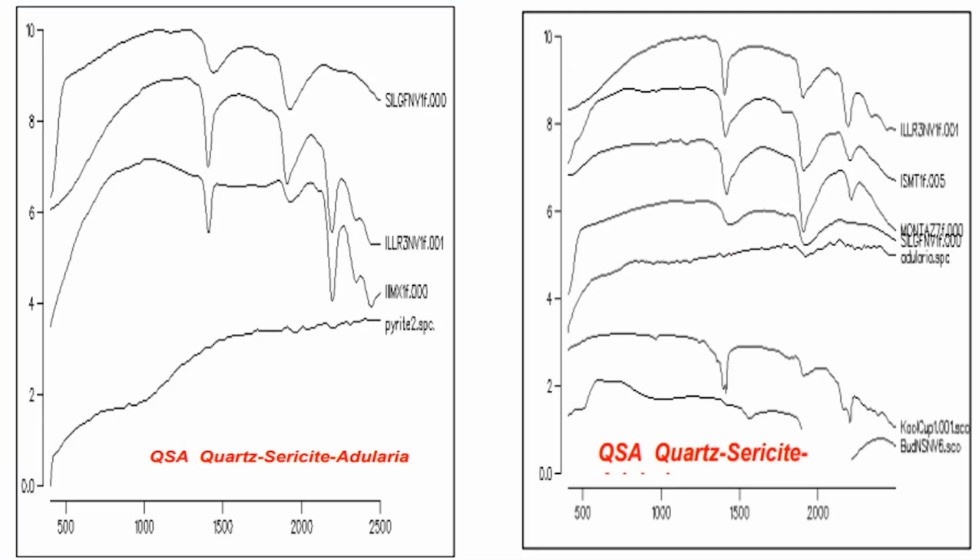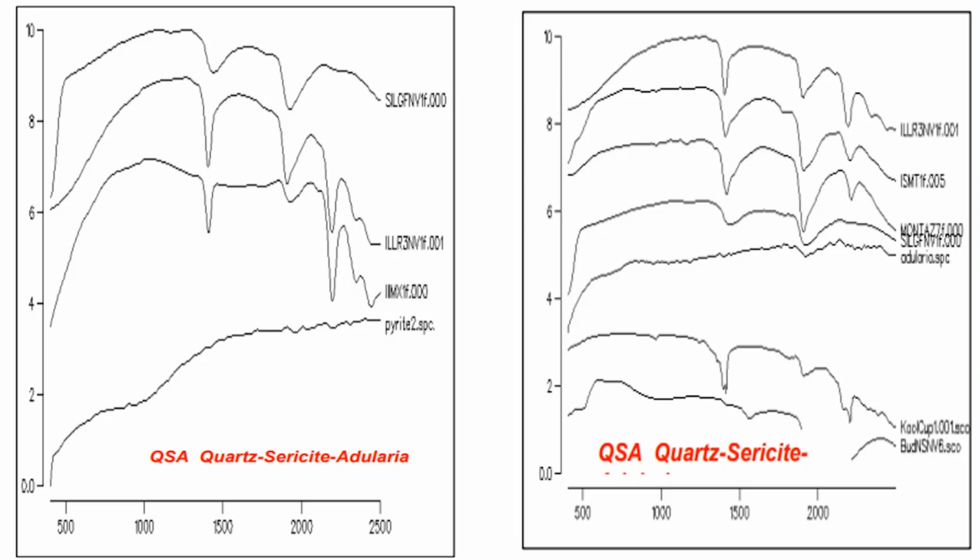So, to talk about some of the spectra, we have the quartz, sericite, and adularia minerals here. The assemblage is characterized by quartz, adularia, and sericite. The left plot displays the dominant mineral assemblages.